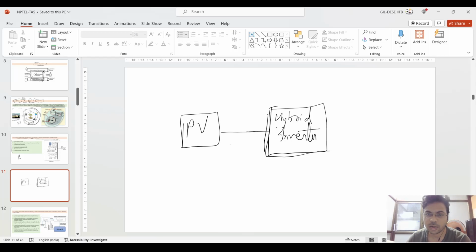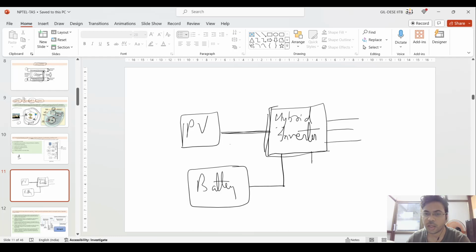This hybrid inverter takes the supply from the PV and gives this three-phase supply. It is also connected to this battery for maintaining the point of common coupling capacitor voltage, and this hybrid inverter is also connected with a circuit breaker to the grid.